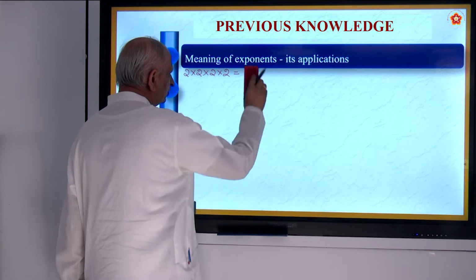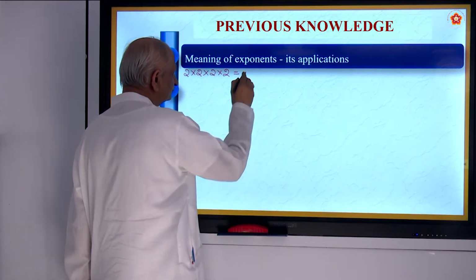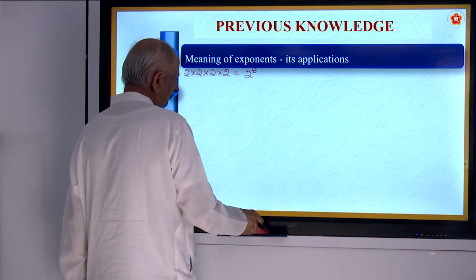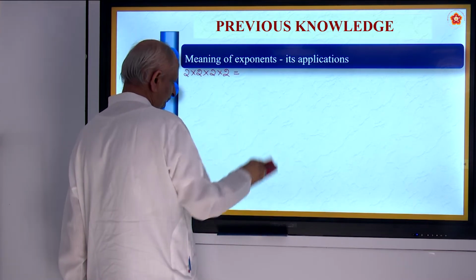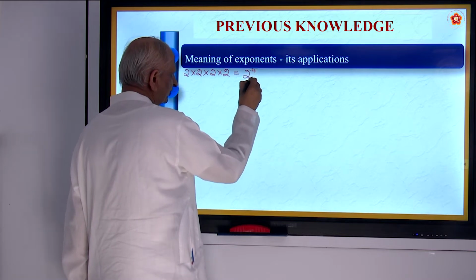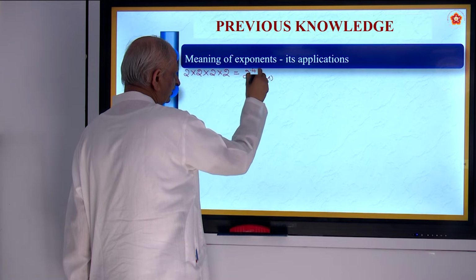Here 2 is called the base number and 5 is called the exponent. So this is called base and this is called exponent.